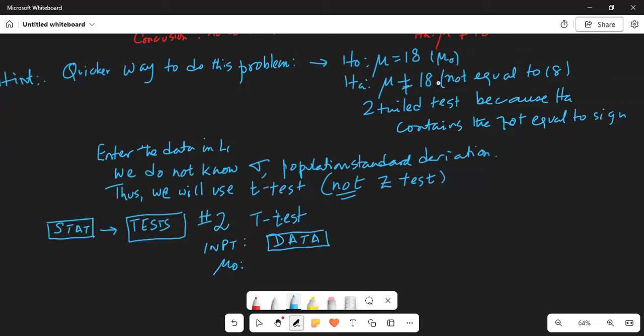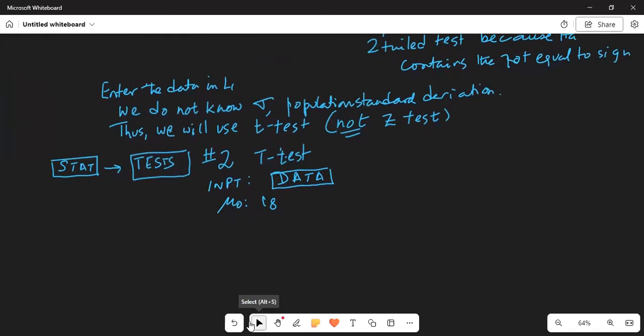So put mu0, type 18. Next line is list, which is already L1. Leave it like that.